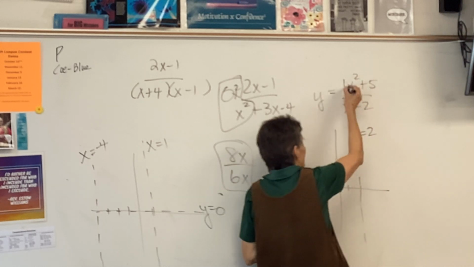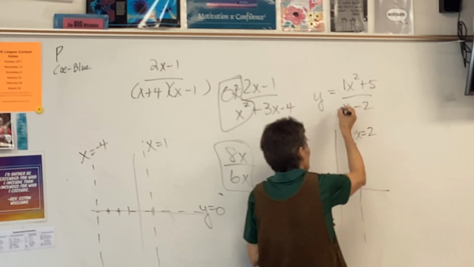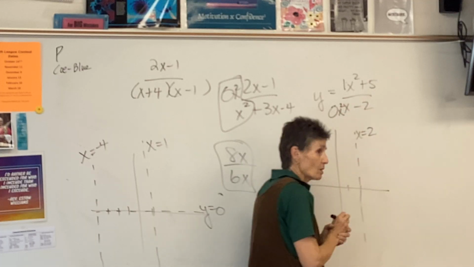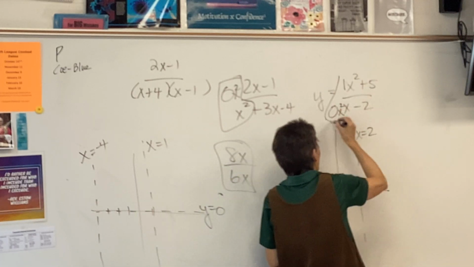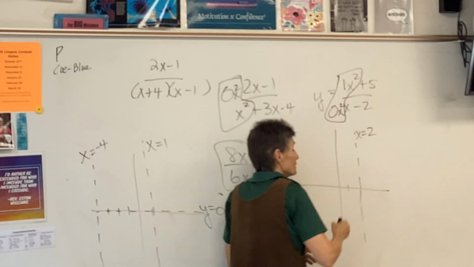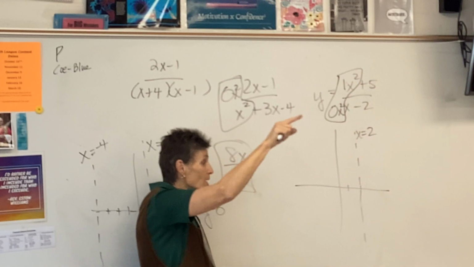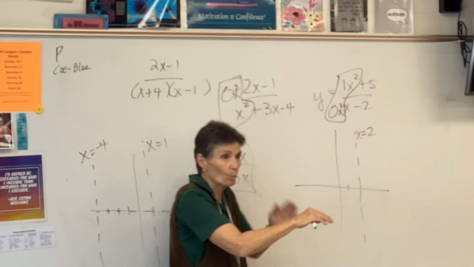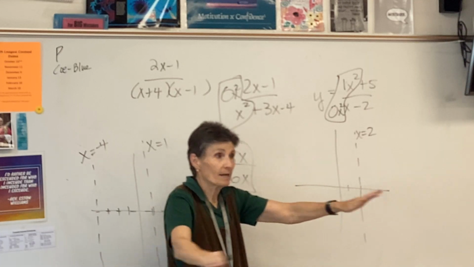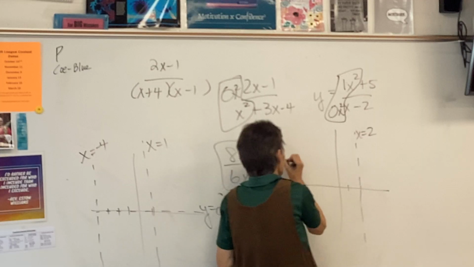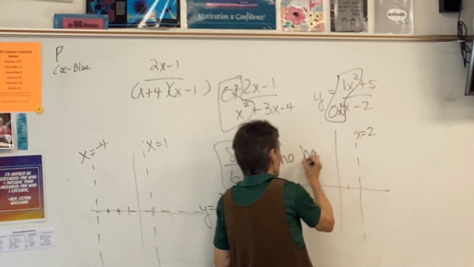I have one x squared on the top, but I have no x squareds on the bottom. So when I box them in, I get 1 over 0, which is undefined. So there is no horizontal asymptote.